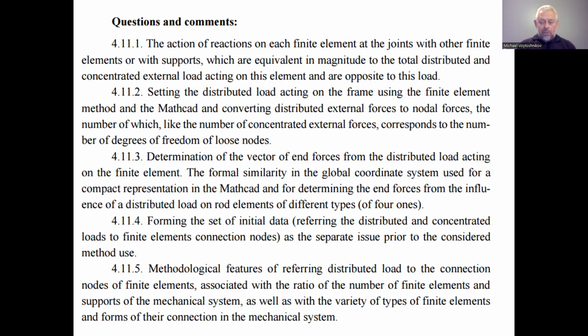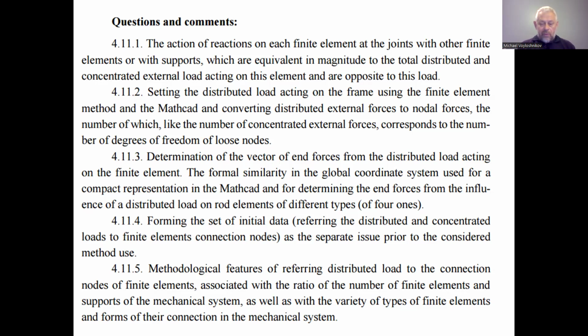We have to describe the initial data like vectors within the approaches of vector geometry.